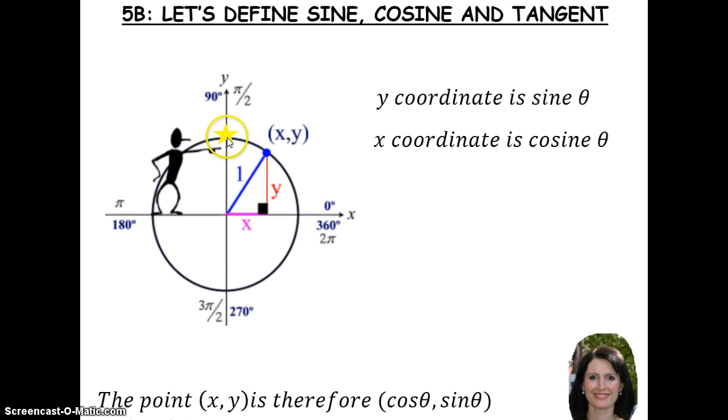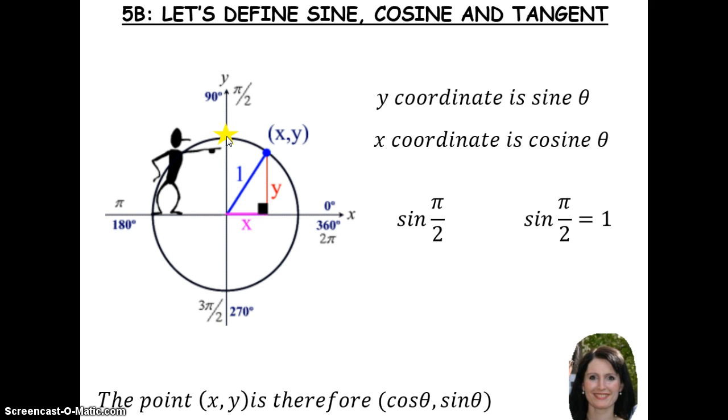Now, over here, we are at pi on 2, or 90 degrees, on that star there. If we want to find sine of pi on 2, we think, well, what would the y value be at that point? Because it's a unit circle, we know that from the middle of the circle to the edge of the circumference is going to be 1 unit. So if we're going up to the point there, it means that sine theta, your y value, is going to be 1.